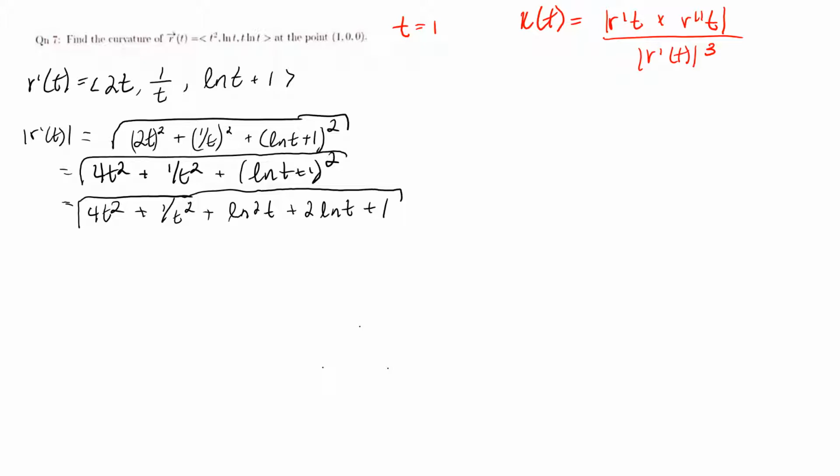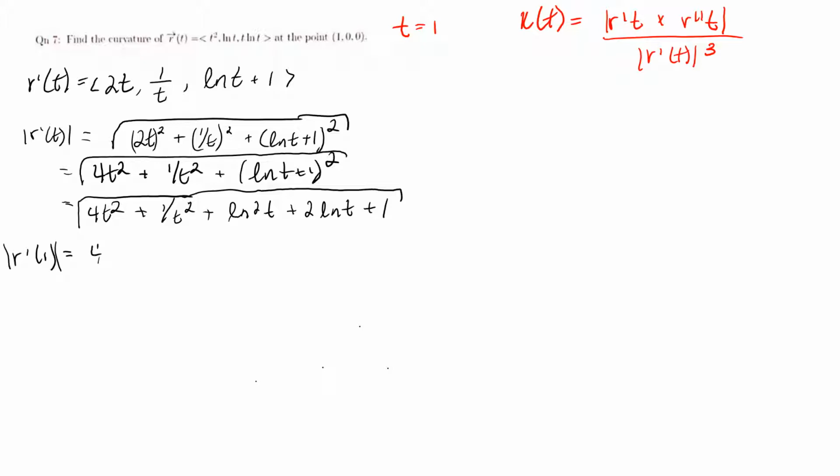We can go ahead and plug in 1 for t because we know that t equals 1, just to make our life simpler so that we get a number rather than an equation.